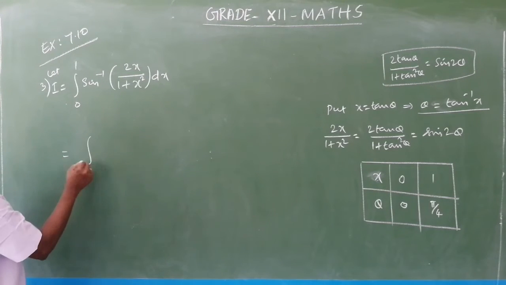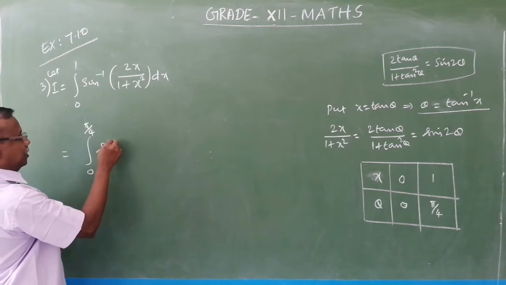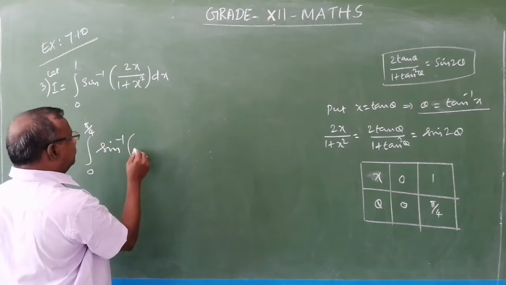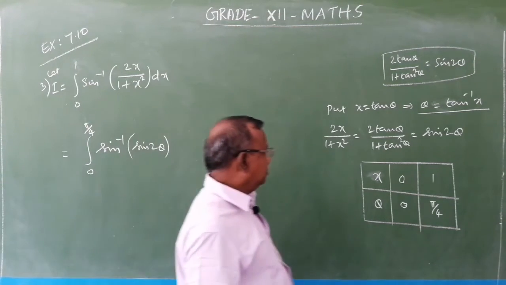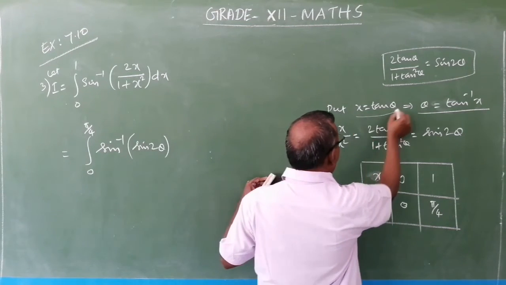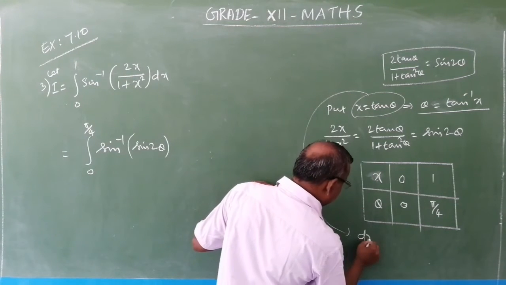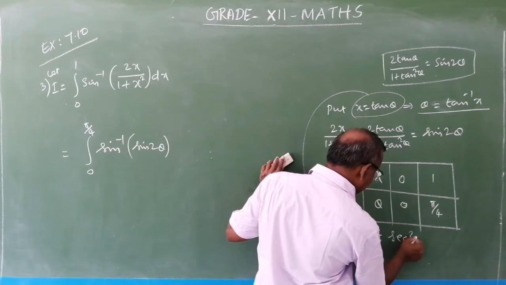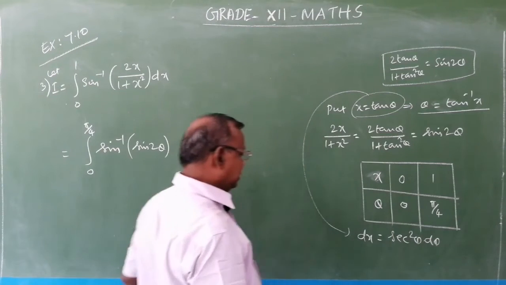Therefore, I equal to integral 0 to pi by 4. So, this will become sin inverse of, instead of this one we put sin 2 theta, and what we have to give for dx? Now, differentiate this function. We have dx equal to, tan theta becomes secant square theta d theta.